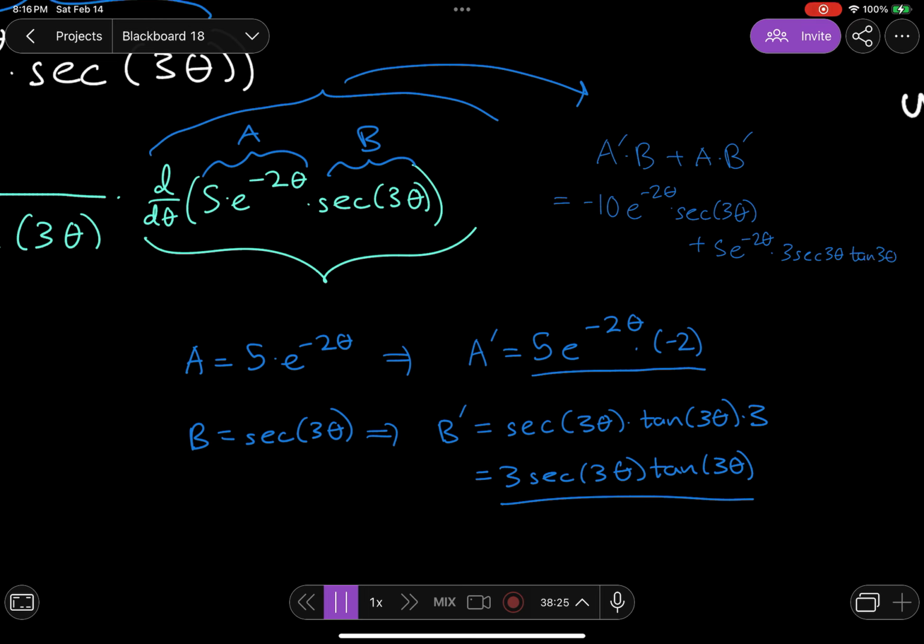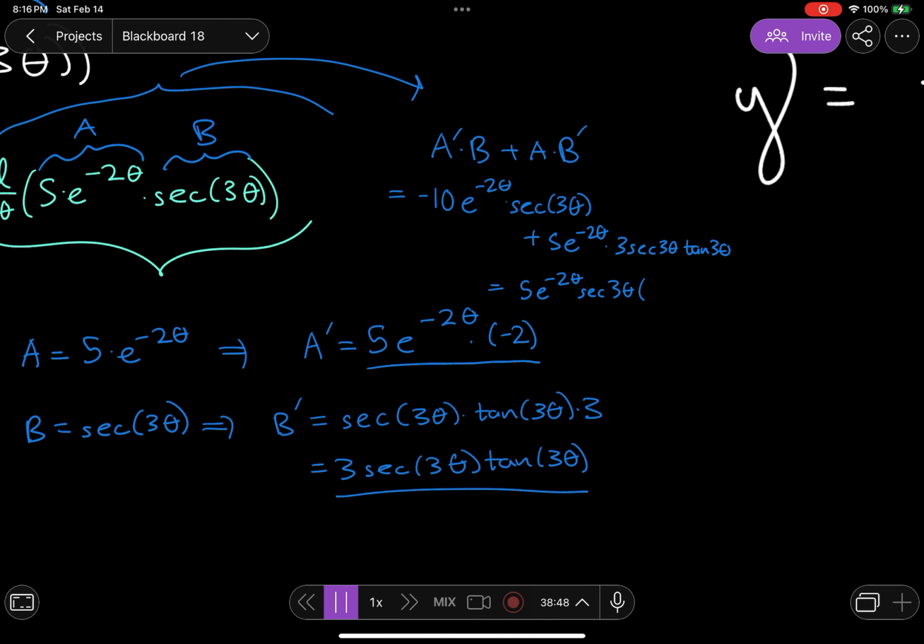So overall, that's going to be equal to 5 e to the negative 2 theta, 3 secant, I can also take out a secant 3 theta, times secant of 3 theta.